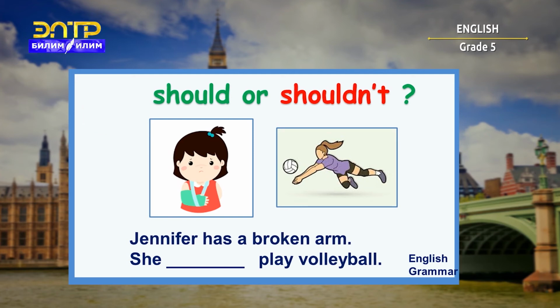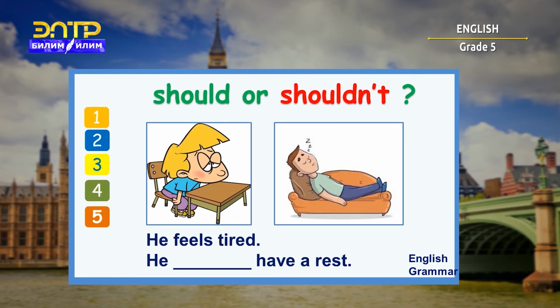Jennifer has a broken arm. She shouldn't play volleyball. He feels tired.